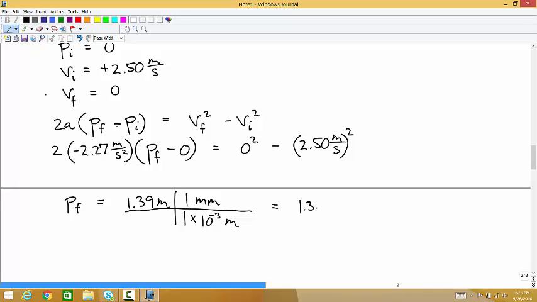But this comes out to be 1.39 times 10 to the third millimeters. Any questions about that one?